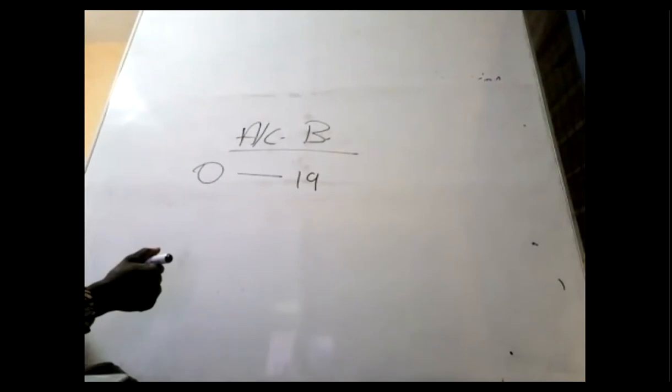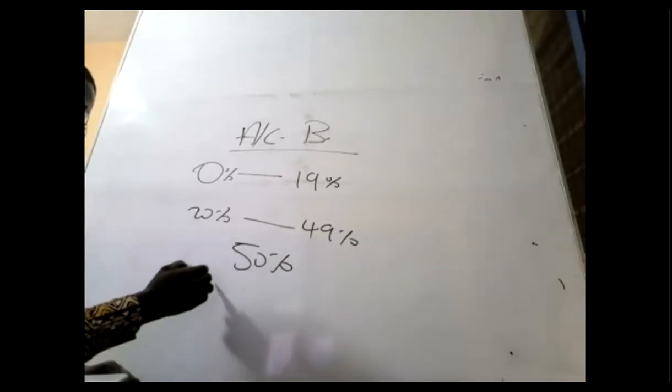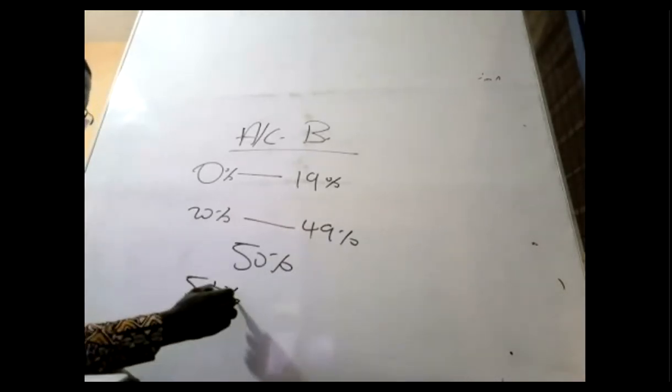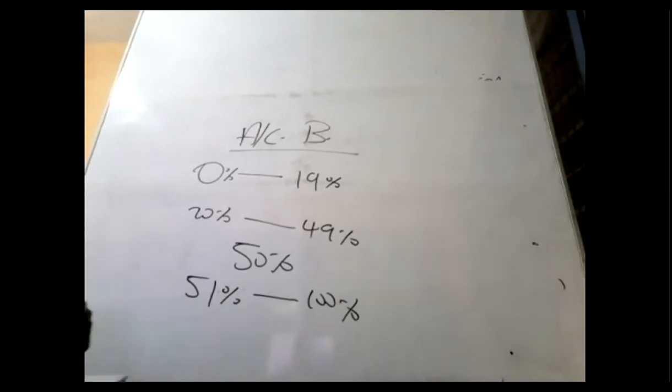Accounting boundaries: from 0 up to 19%, 20% up to 49%, exactly 50%, and 51% up to 100%. Have you seen these three or this item? These are important sections in consolidation.